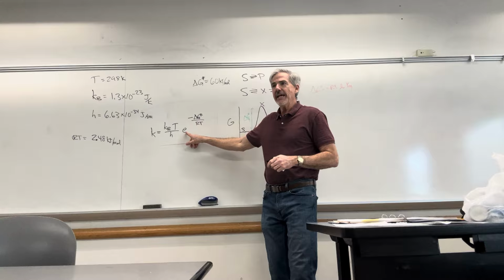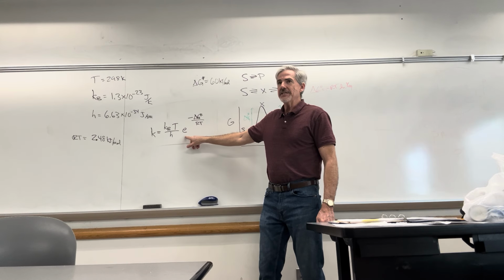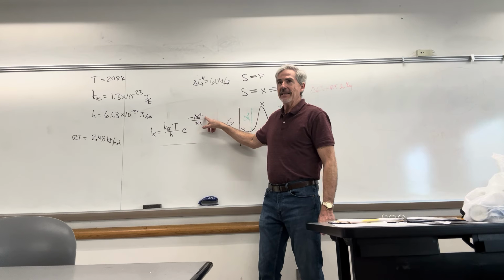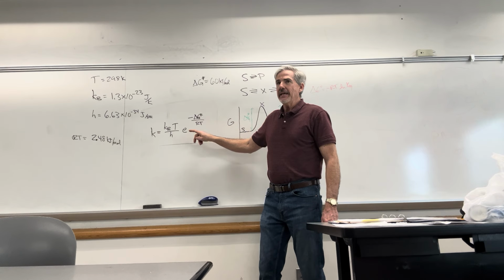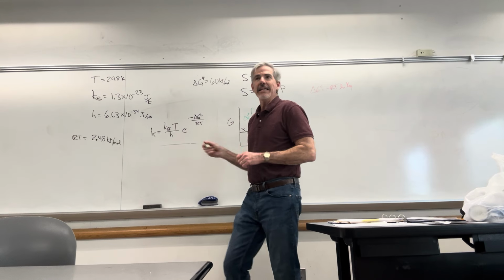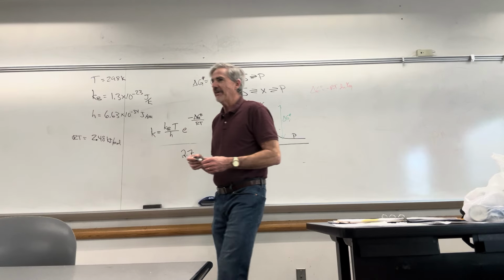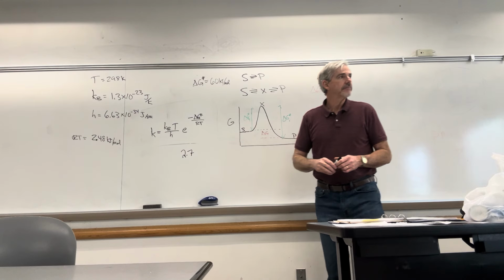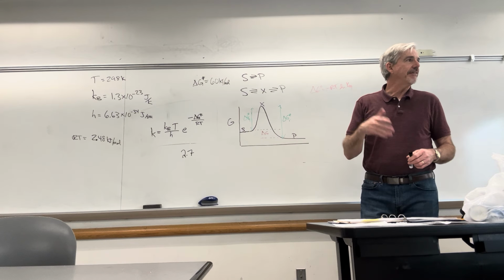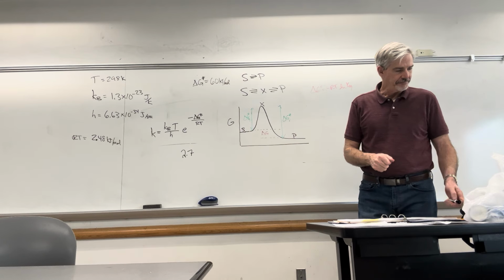If your calculator will give you the value of e, you can just take that and raise that to that power. If your calculator doesn't automatically give you e, Euler's number is approximately 2.7, 2.72.